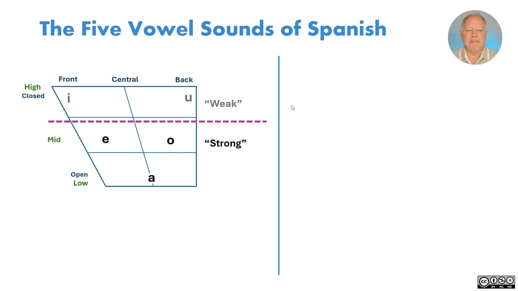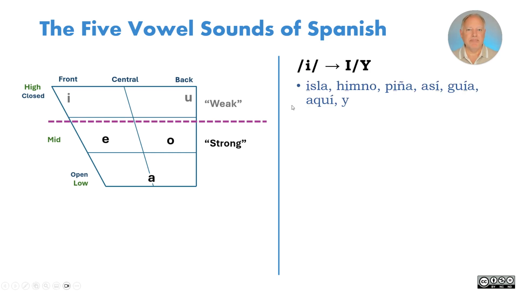So let's look at how these vowel sounds are written in Spanish, but also pronounced. So the sound E in Spanish can be written as the letter I, the sequence HI, or just the letter Y when it means and, the conjunction.